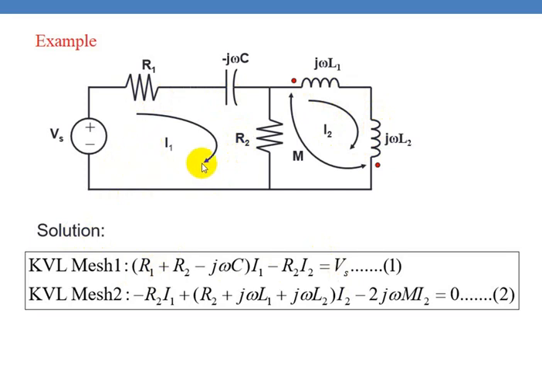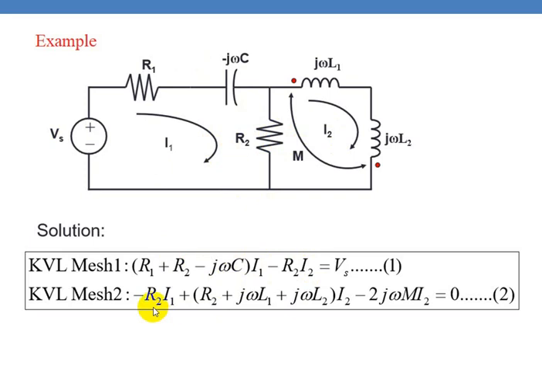Therefore, for I1 it will be R1 plus R2 into I1, and for I2 you have to find which component is common between the first mesh and second mesh. So you write I2 into R2, with a minus sign because these two currents are in opposite directions. This should be equal to Vs.